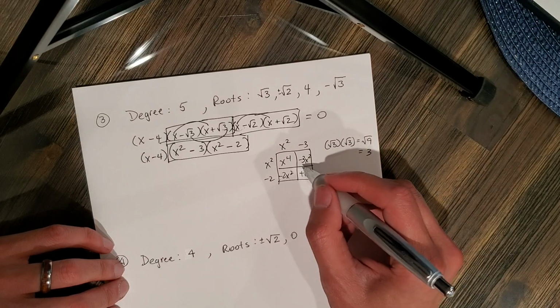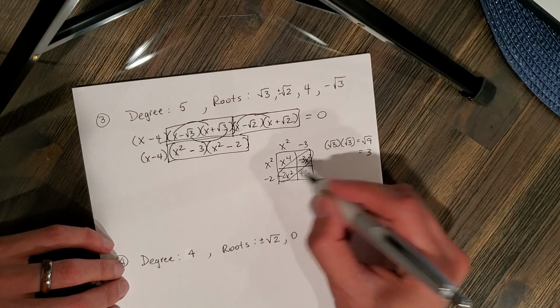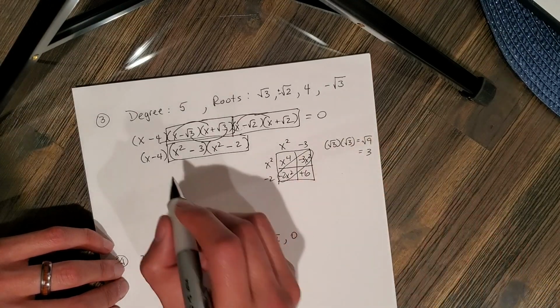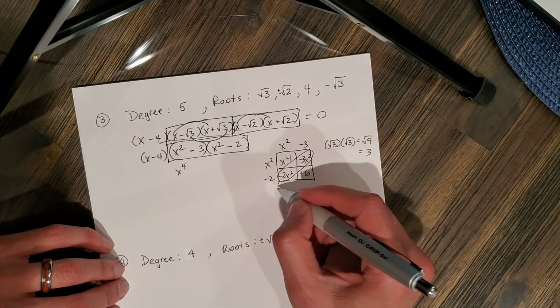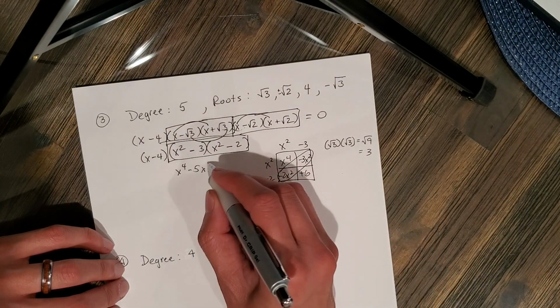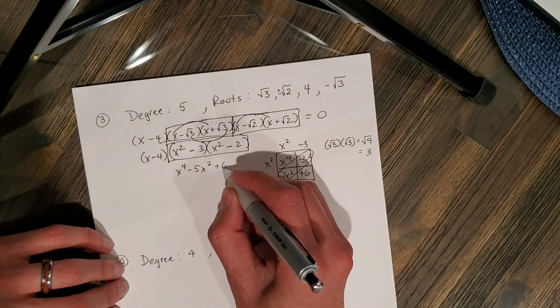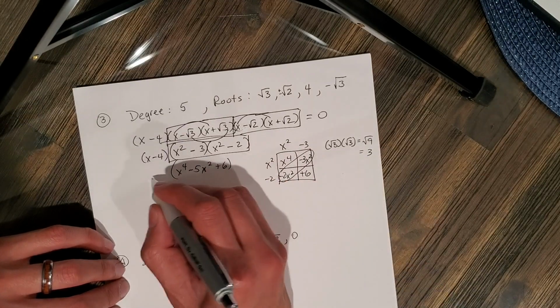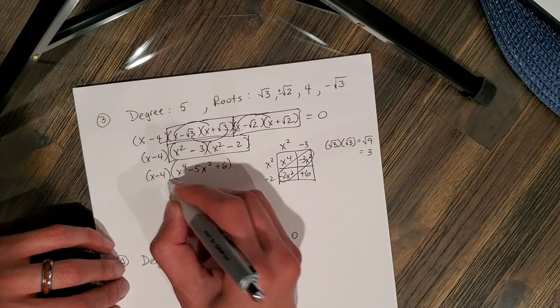Notice I do have like terms here: negative 2x squared and negative 3x squared. So that's going to give me x to the 4th minus 5x to the 2nd power plus 6. Okay? And then bring down the x minus 4, and I'm not done yet.